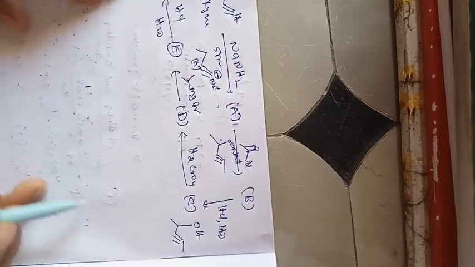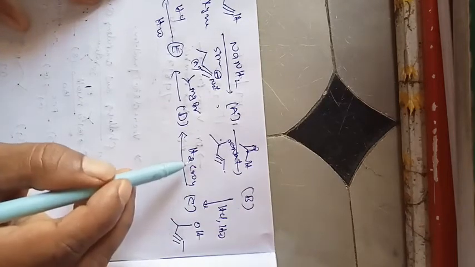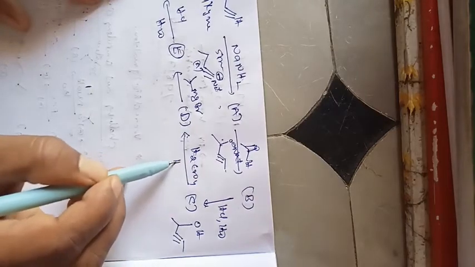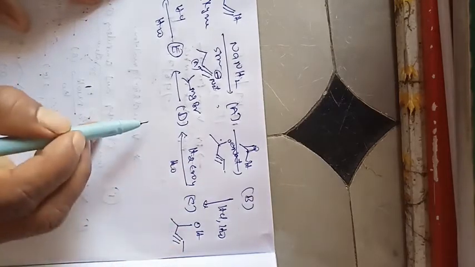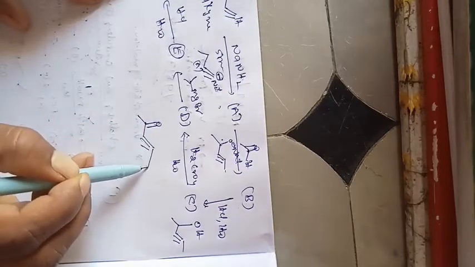So what is the C product? Alkyne is there and OH is there. So you can see. So alcohols, we know that H2CrO4, chromic acid, in presence of chromic acid undergoes oxidation. So it gives the ketone.